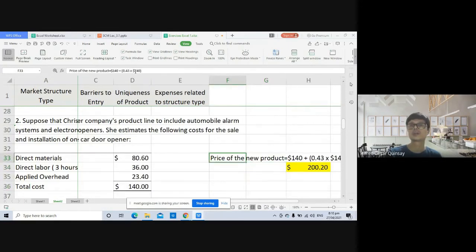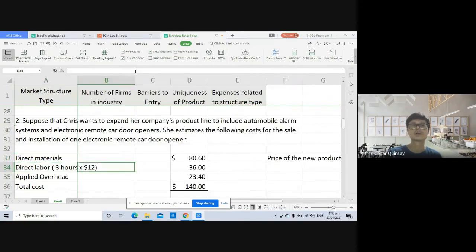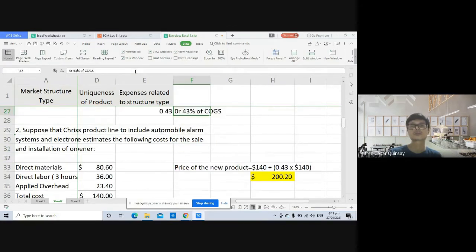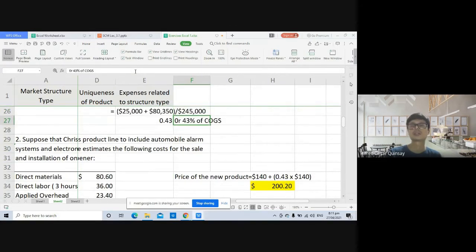So the price of the new product. Kung maglalagay rin siya ng bagong product line, ito raw yung magiging cost. So yung cost niya 140 plus yung percentage na nakuha mo dito, yung markup mo over cost of goods sold, times 140, yung cost ng new product.